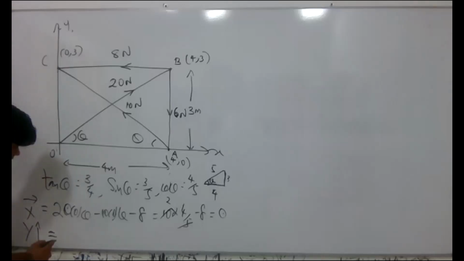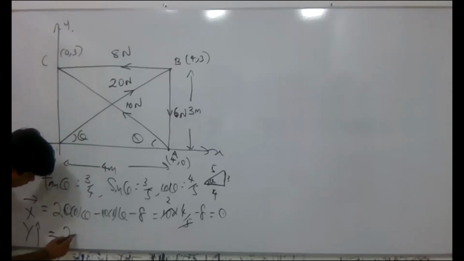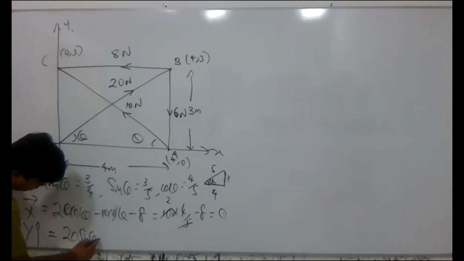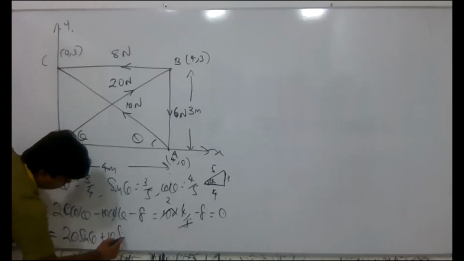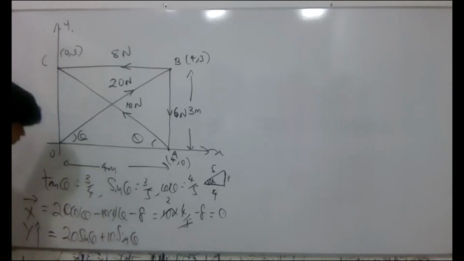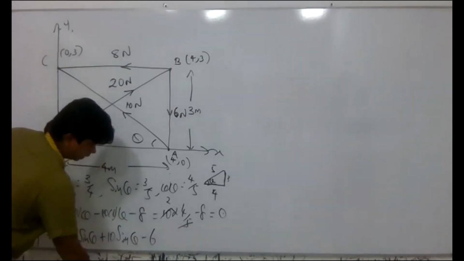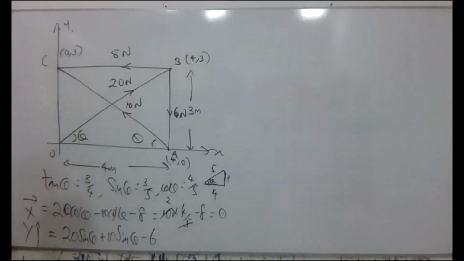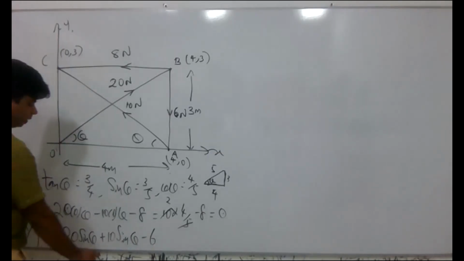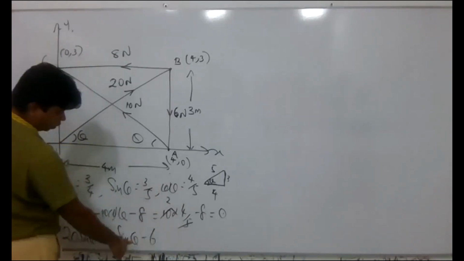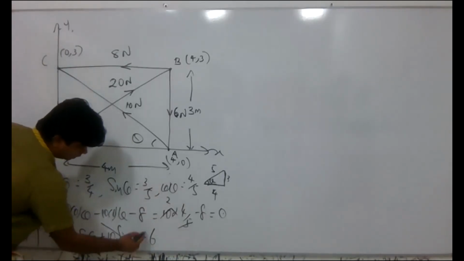20 sine theta plus 10 sine theta, and minus 6. Anyway, you know that here 10 sine theta means 3 over 5. This and this cancel, no?